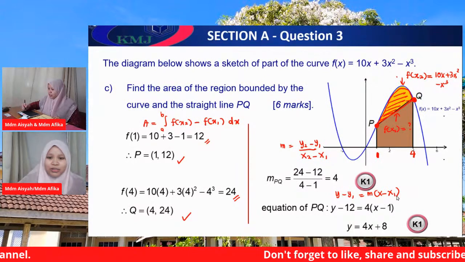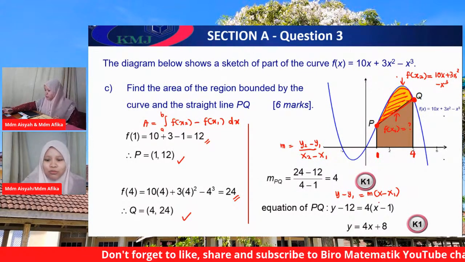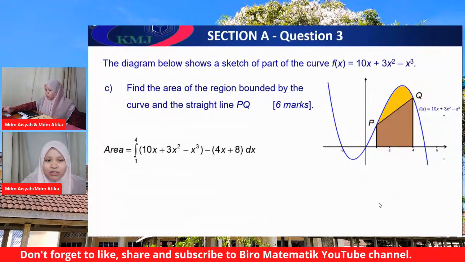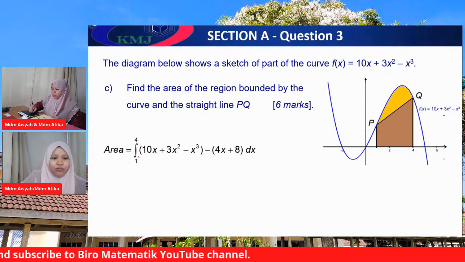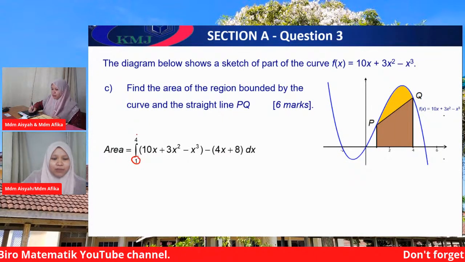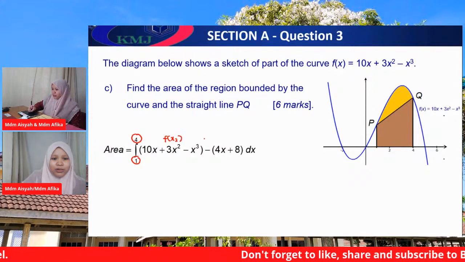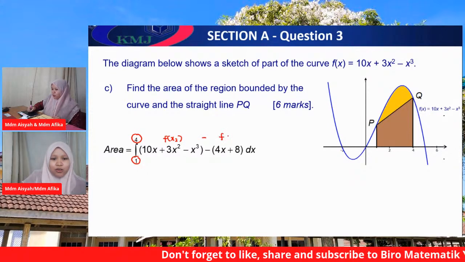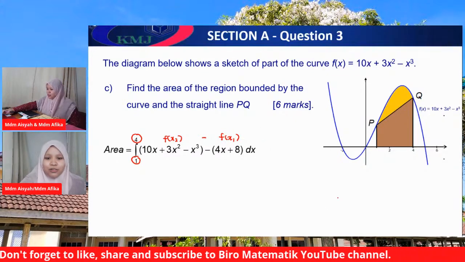Since we have the equation of PQ, we can substitute into the formula of area. The lower limit is 1, the upper limit is 4, the upper curve is the cubic function, and the lower curve is the straight line. So 1 mark.